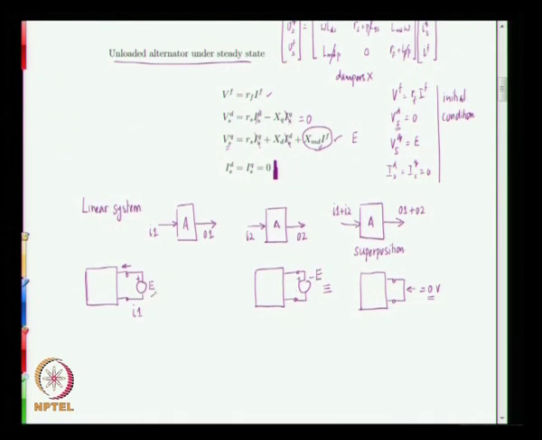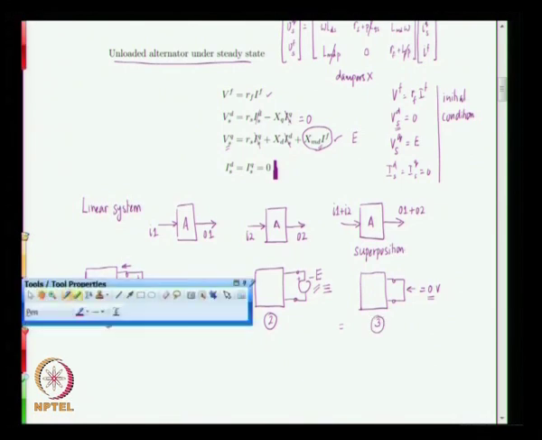In one case you are applying E, and in the second case you are applying minus E, and therefore, when you add the two, E plus minus E, the resultant is 0. Let us call this case 1; the response produced in case 1 plus the response produced in case 2 must equal the response produced in case 3.